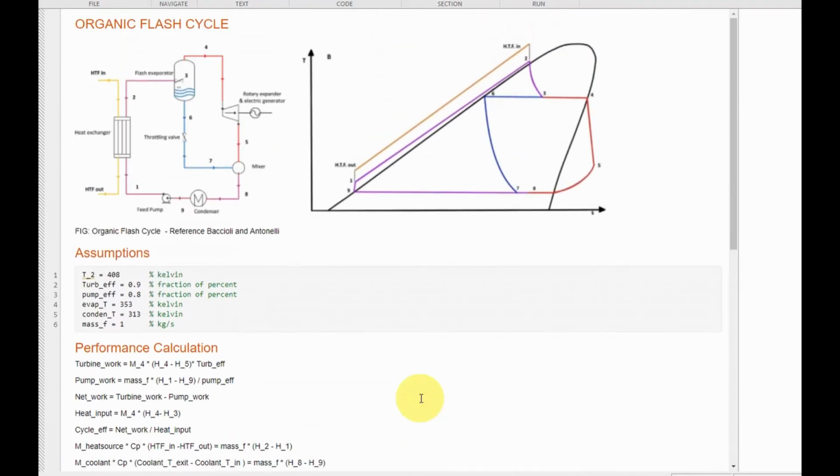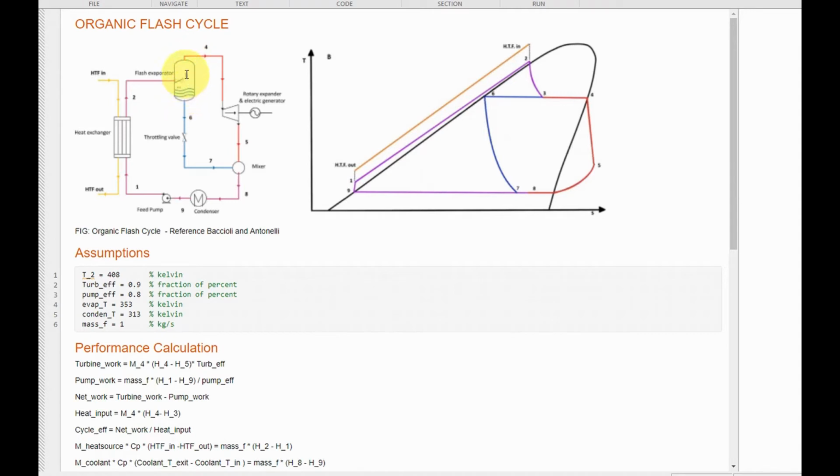One thing we have not calculated again is the mass flow. Remember, we specified that the mass flow coming in from the heat exchanger into the separator is 1 kilogram per second. But at this point, the mixture is separated into vapor and liquid.